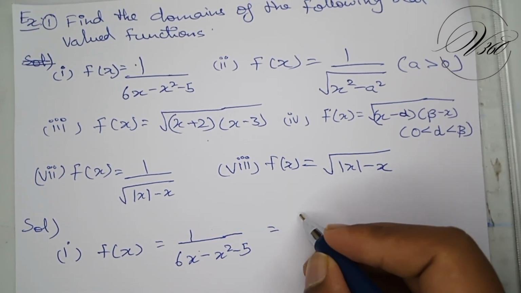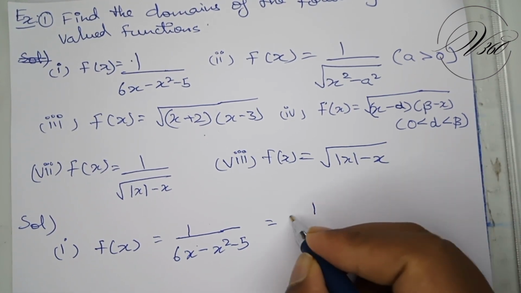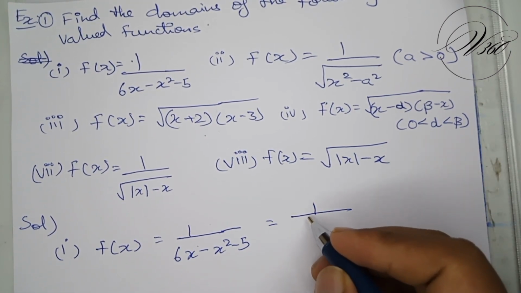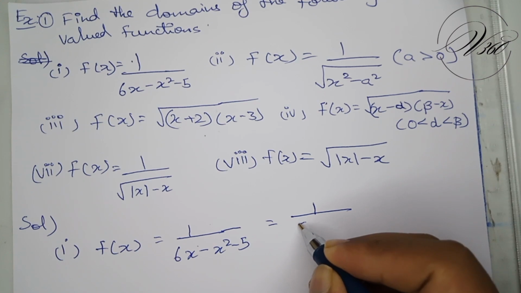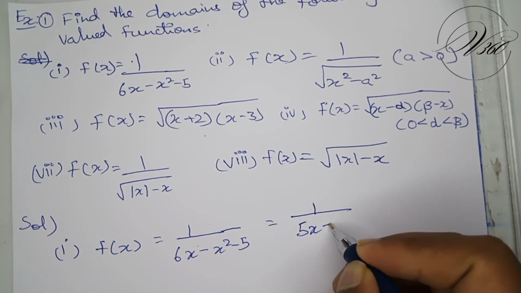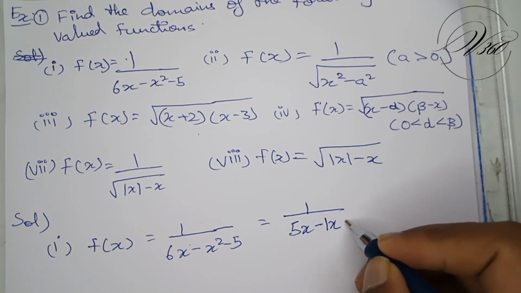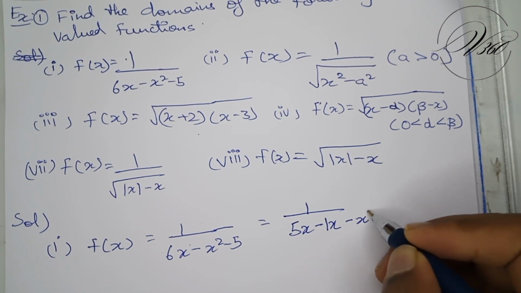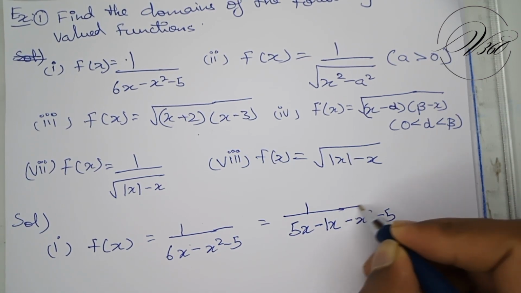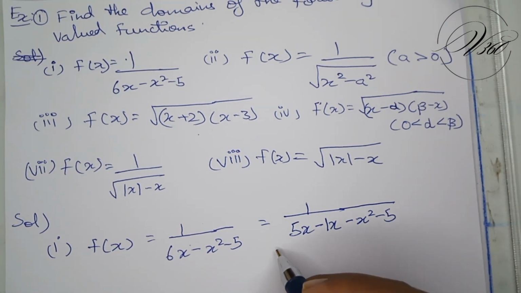We can divide it: 1 by 6x means 5x minus 1x, and again we can do minus x square minus 5. We can divide this like this, and then we should take common, no?